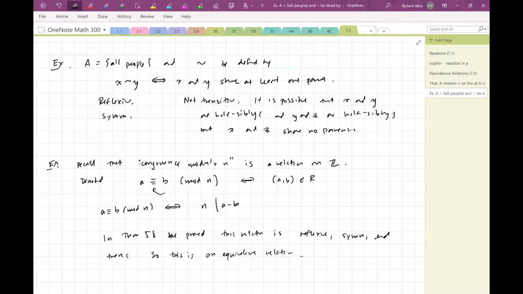Multiple times throughout this class, I've said that congruence modulo n is not equality, but it behaves a lot like equality. You think of modulo 5, and 10 and 5 being like the same number. They're not the same number, but they're kind of the same from the perspective of modulo 5.